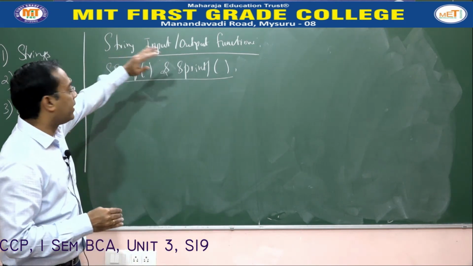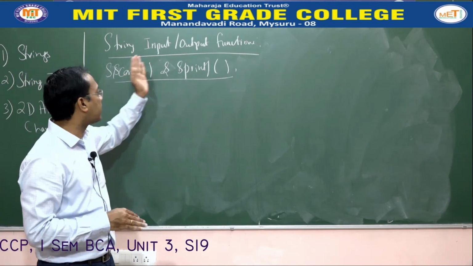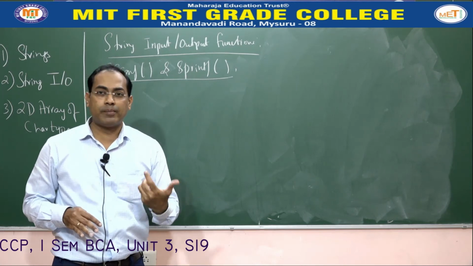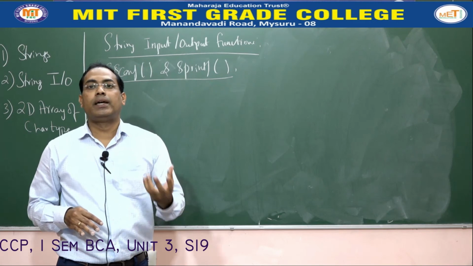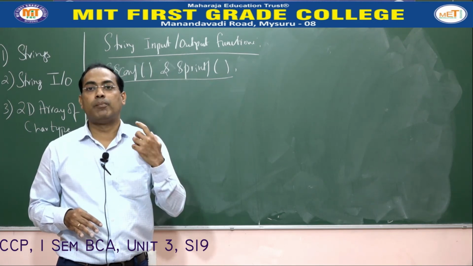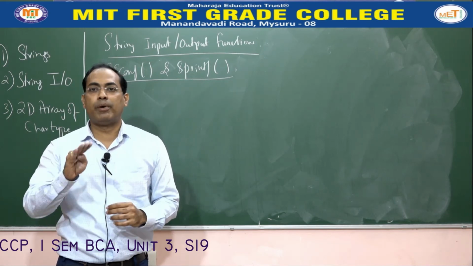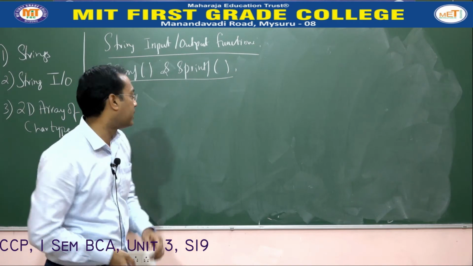Whereas sscanf and sprintf are variations of scanf and printf. Here it is not going to accept or display from the default IO device. It is going to accept or display using a buffer variable. So all the IO is performed on a buffer variable. Keep this in mind.